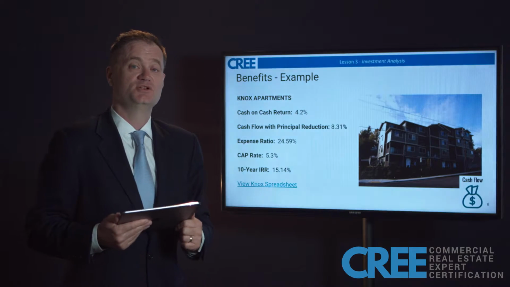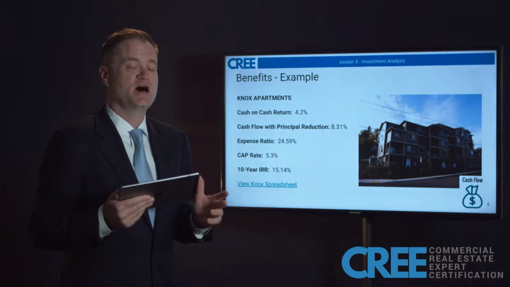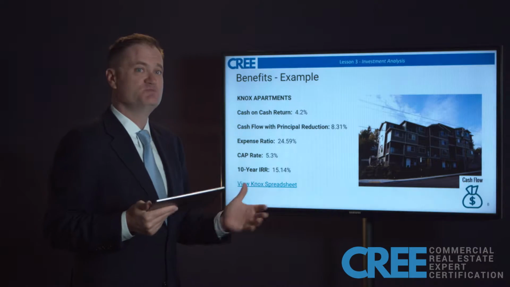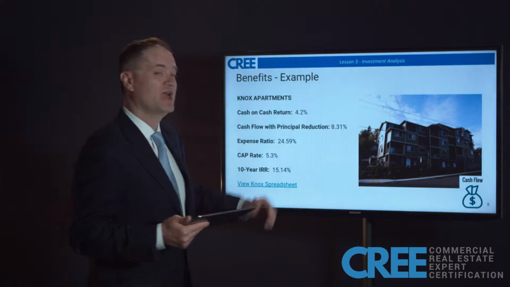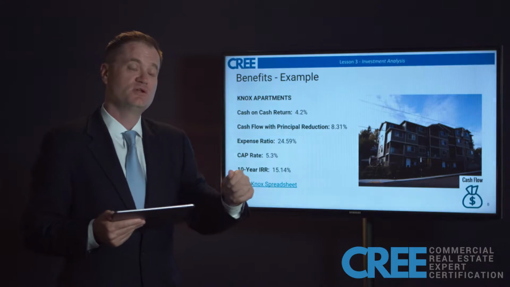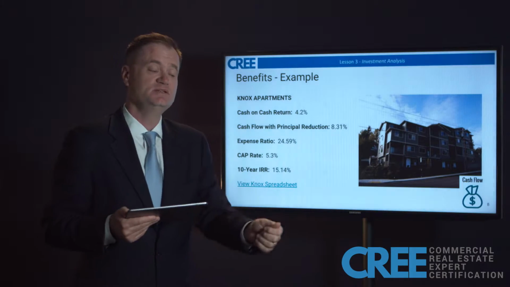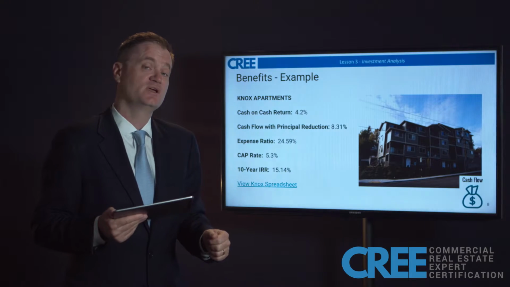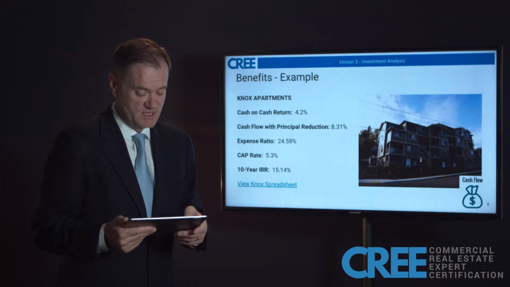And we'll talk about how to look at that investment over a long period of time. But from the first benefit of enjoying cash flow, again, the cash on cash return is 4.2%, which is the return that they're getting based on the $1.2 million that they invested and the cash flow that they're getting back out after they pay their mortgage.